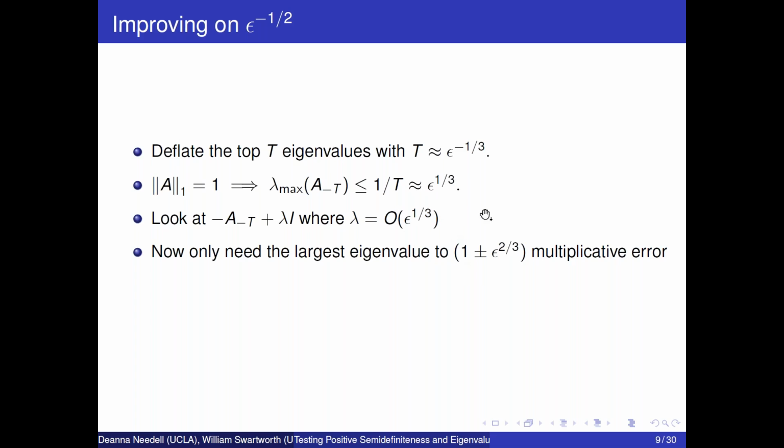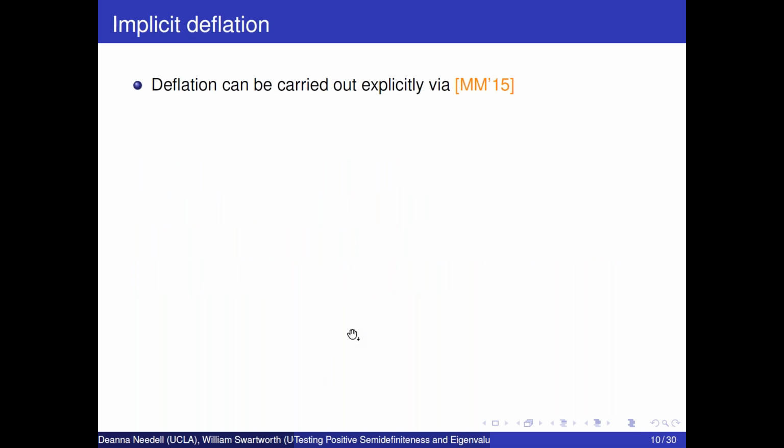So we only need to multiplicatively approximate the largest eigenvalue with 1 plus or minus epsilon to the 2/3 approximation. And importantly, now when you feed that into the Chebyshev trick, you can replace epsilon with epsilon to the 2/3. You get the square root of that, and now you only need 1 over epsilon to the 1/3 queries. Okay, so that's the main idea.